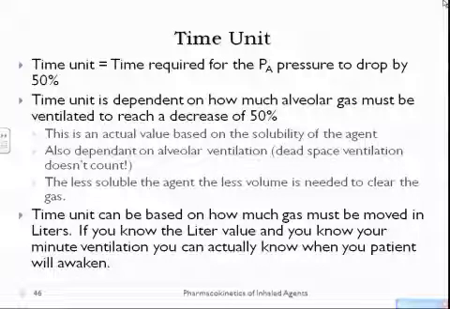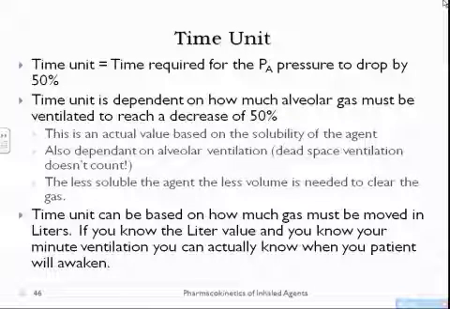It's also dependent on alveolar ventilation, not on overall ventilation. Remember, dead space ventilation is sometimes a big component, and if you increase the dead space ventilation, what's going to happen to your emergence? It's going to decrease. That's right. So if you have a lot of dead space problems, then you've got a big issue with emerging somebody. The less soluble the agent, the less volume is needed to clear the lung.